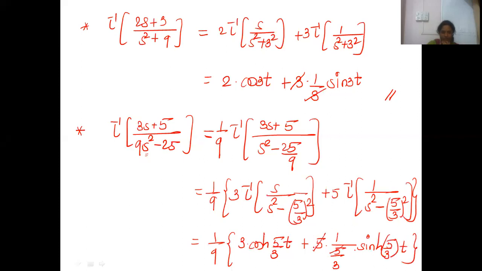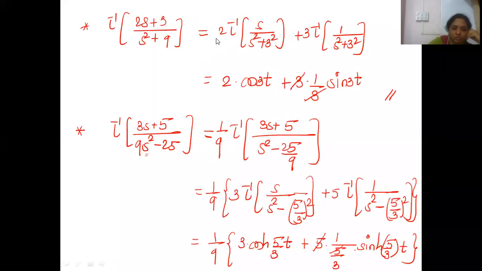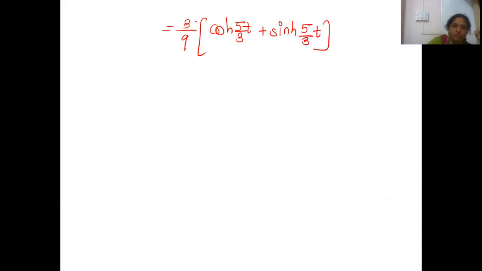5 will get cancelled, and this 3 also will go up, and 3 will be common, we'll take out. So 3 by 9 into cos hyperbolic 5 by 3t plus sine hyperbolic 5 by 3t. There it will be 3, 1 by 3.